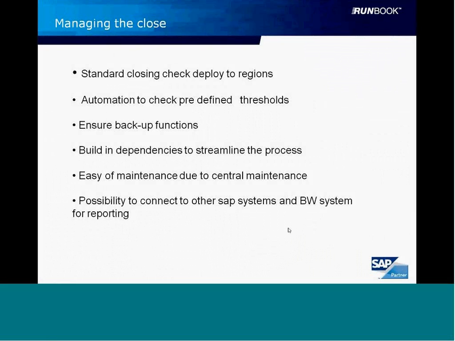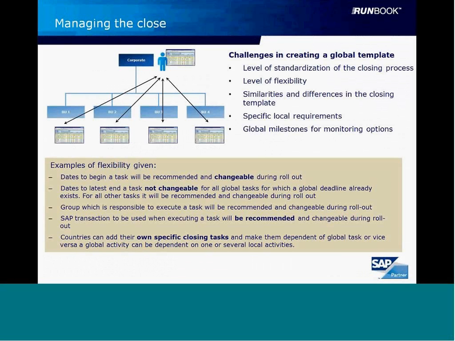Out of headquarters, they want to have an update status every 2 hours, and we are using BW. So every 2 hours, we do a full BW refresh to have an online real-time status. Of course, you can also do reporting in the ERP system directly. It depends on the needs.